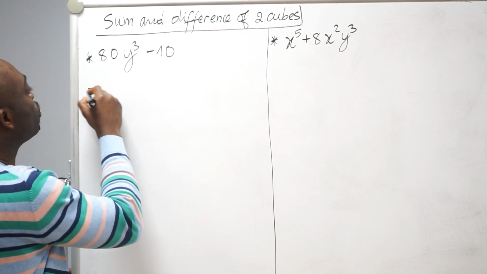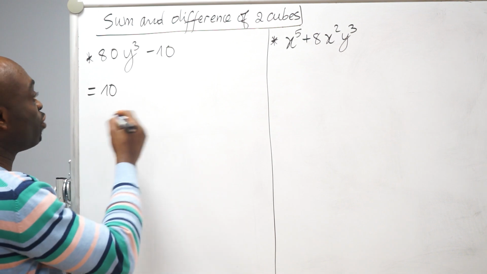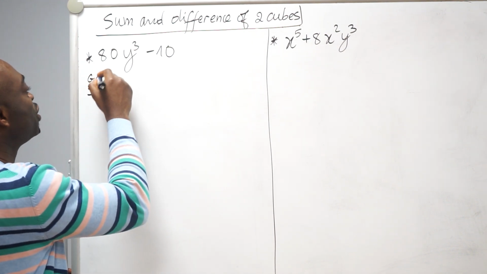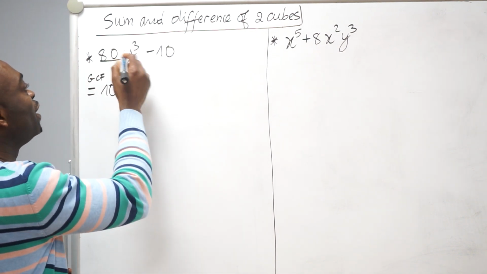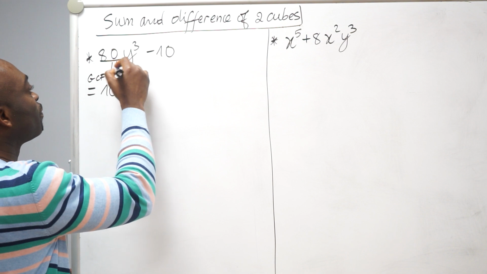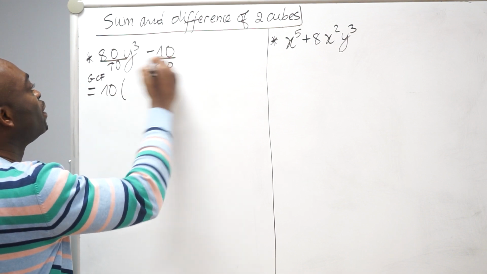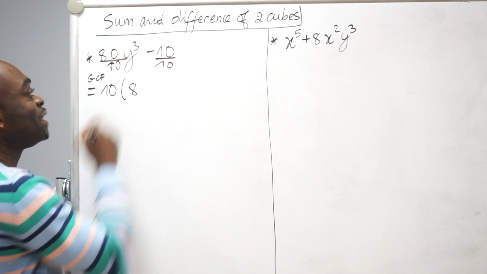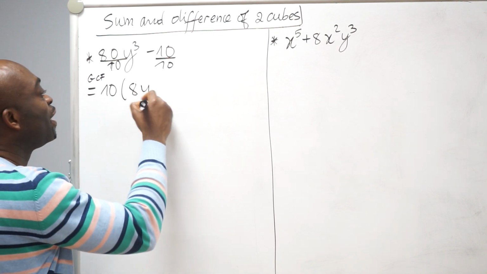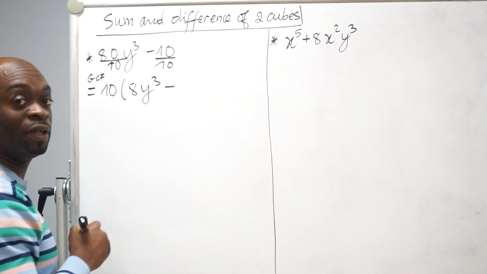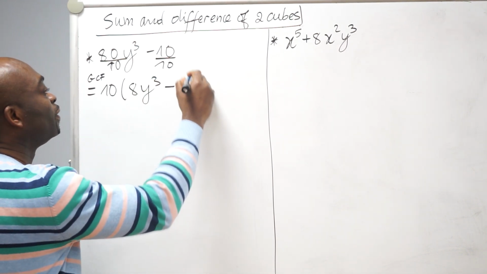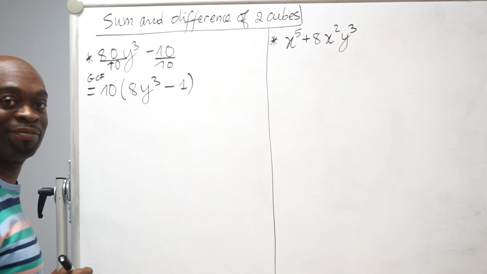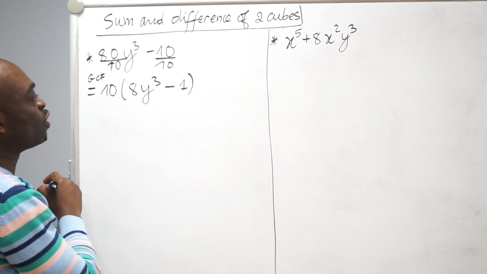So this is equal to 10, which is the greatest common factor, GCF, out of this. So it's 10 times, and then 80 divided by 10 is 8. What's left? 8y to the third, minus 10 divided by 10 is 1. So this is what we get so far.